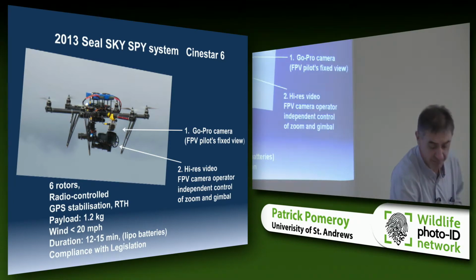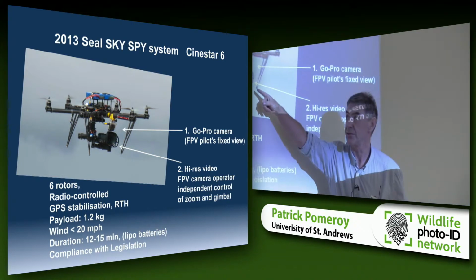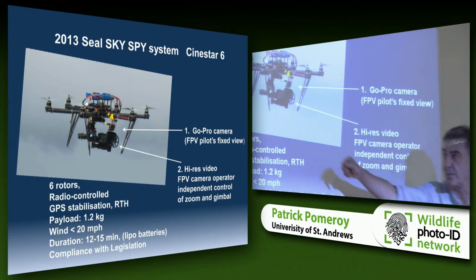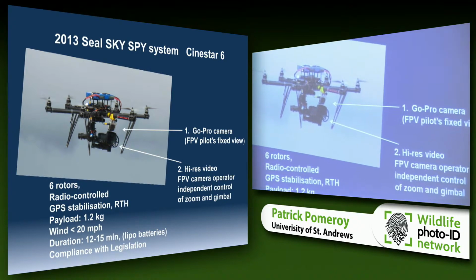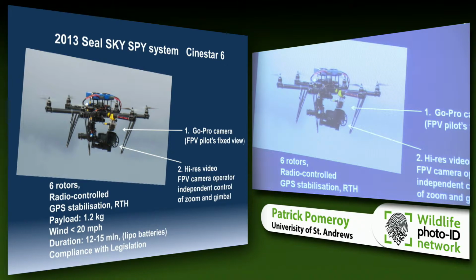And then secondly, there's a high-resolution video camera which is controlled completely separately and also has a first-person view screen, so the person operating the video camera can see exactly what the video camera sees. And that's independently controlled separately from the pilot.